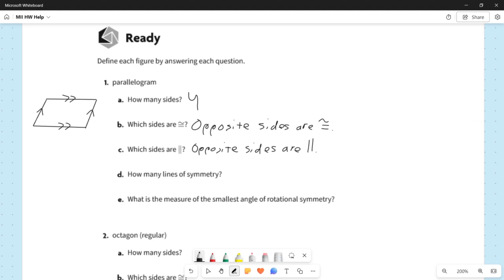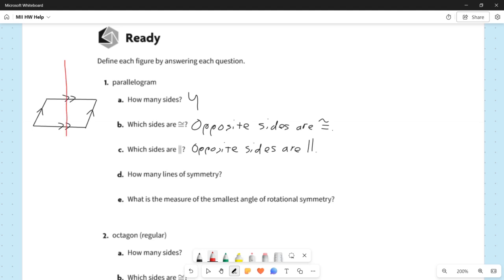1D, how many lines of symmetry? Well, a line of symmetry would be a line that I could draw over this figure such that if I were to fold the figure over the line, it would fold onto itself, right?